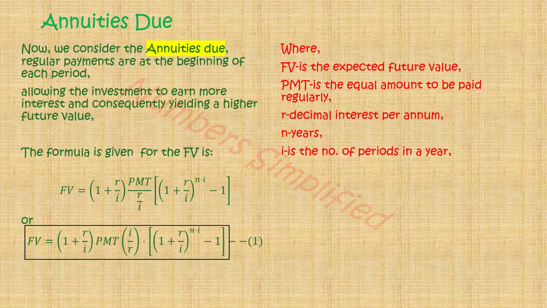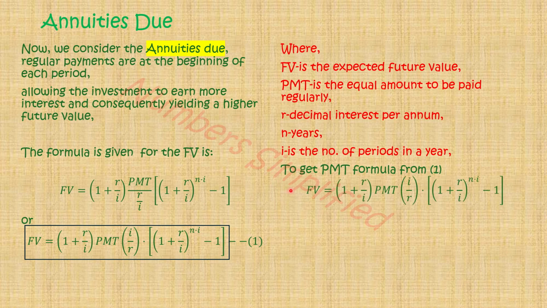So now, in order for us to get the PMT, which is the equal amount that has to be paid regularly, we can consider the equation that we have on the left-hand side, equation 1, but on the annuities due. So we are going to apply the same procedure that we applied on the ordinary annuities.